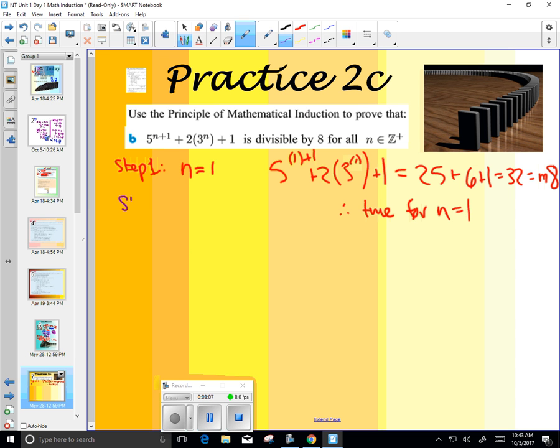And speaking of that, step 2, n is equal to k. You would say 5 to the k plus 1 plus 2 times 3 to the k plus 1 is a multiple. Let's go with a multiple of 8.